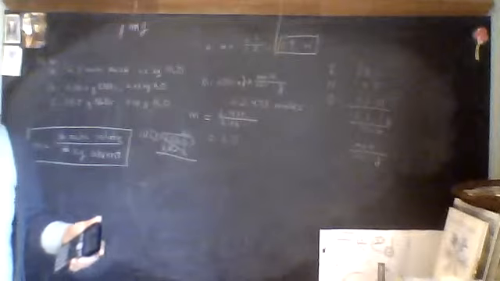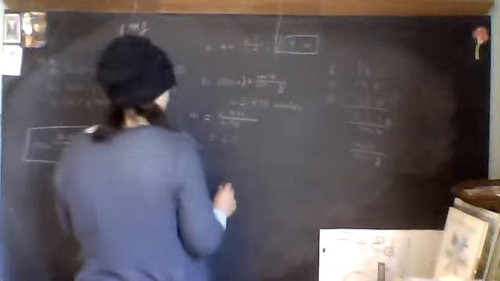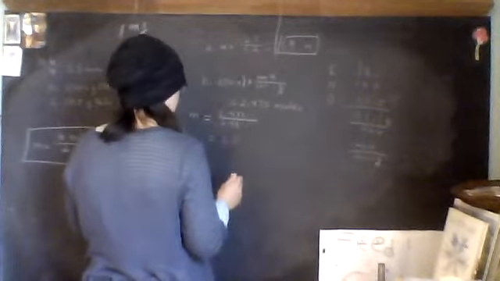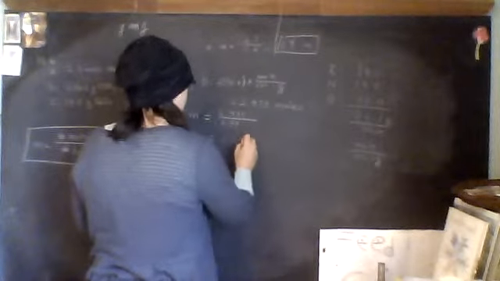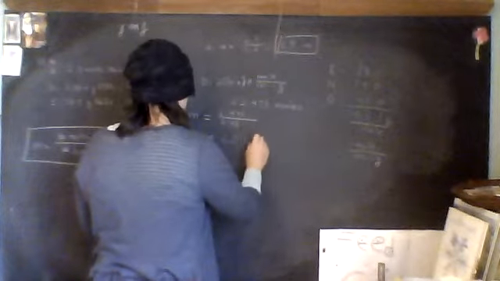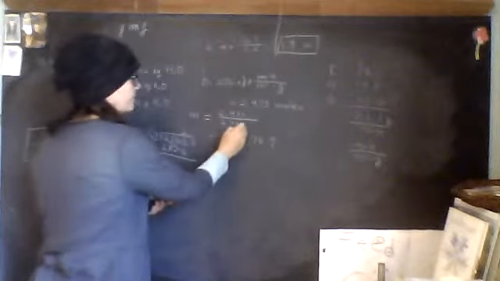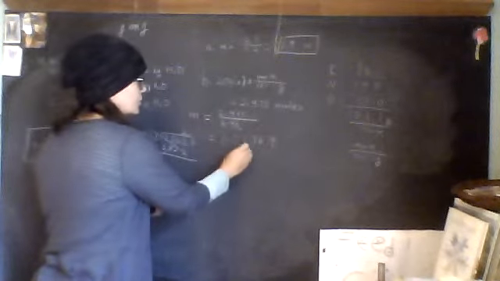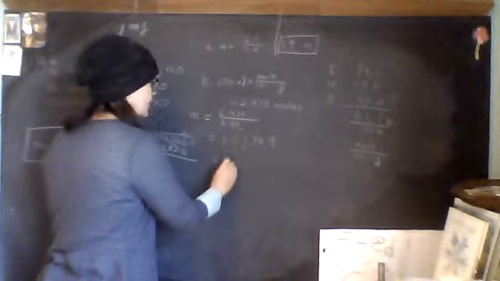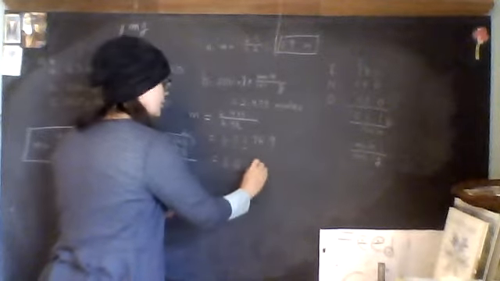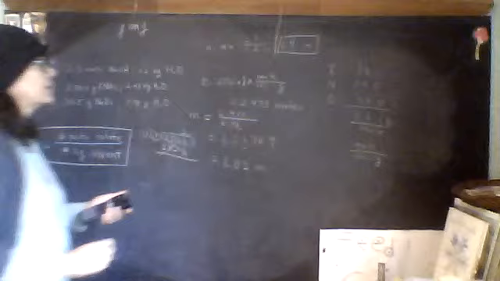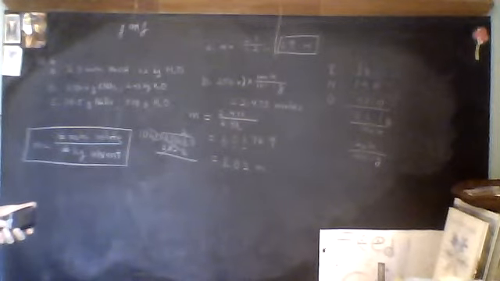It's 1.01769. How many digits do I want? I want 3, so 1, 2, 3. So I'm going to record it as 1.02 molality. That's the answer for letter B.